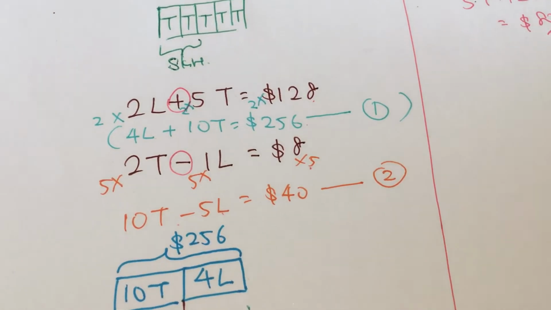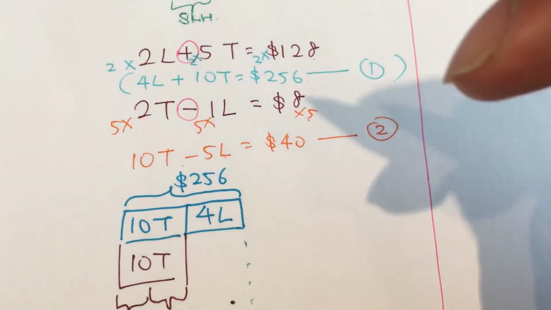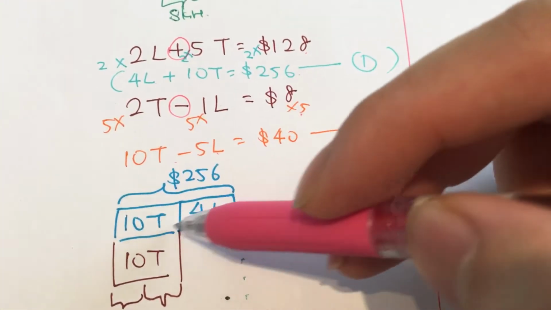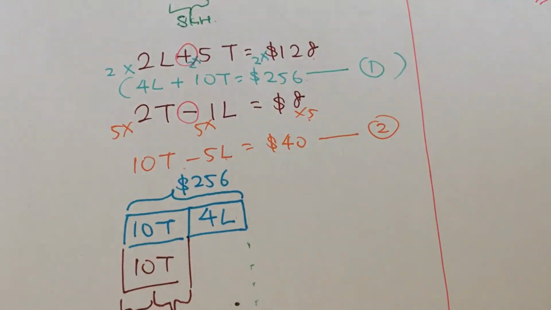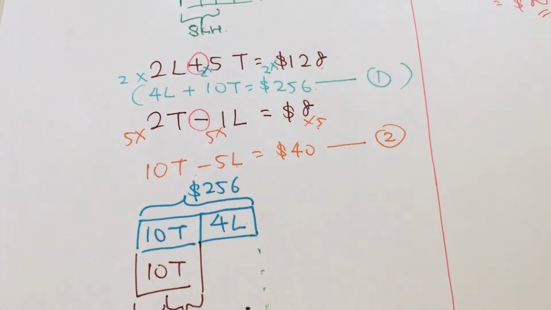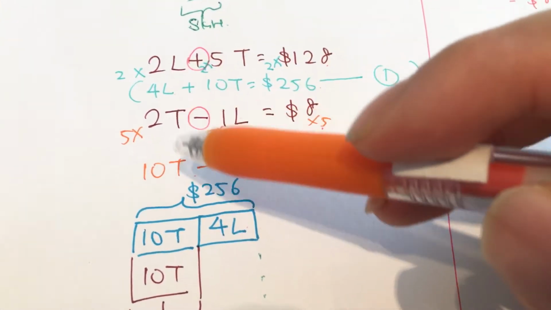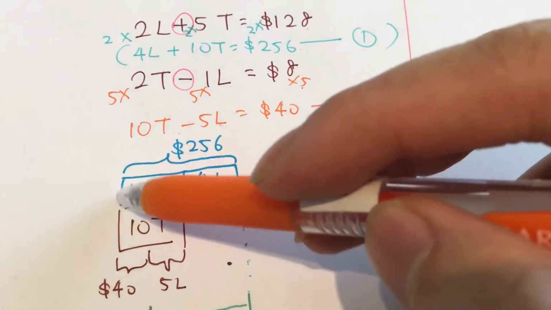Now look at equations 1 and 2. It's easy to draw 10T plus 4L is 256, you just draw two boxes together. But what happens when you have a minus? Since both are 10T, we draw them together, which makes it easier to see.